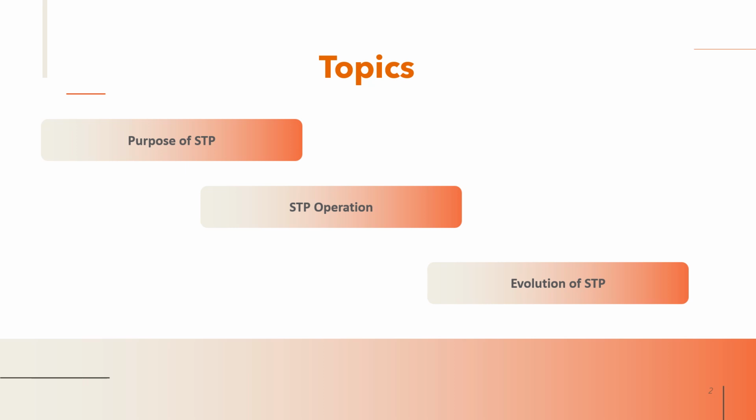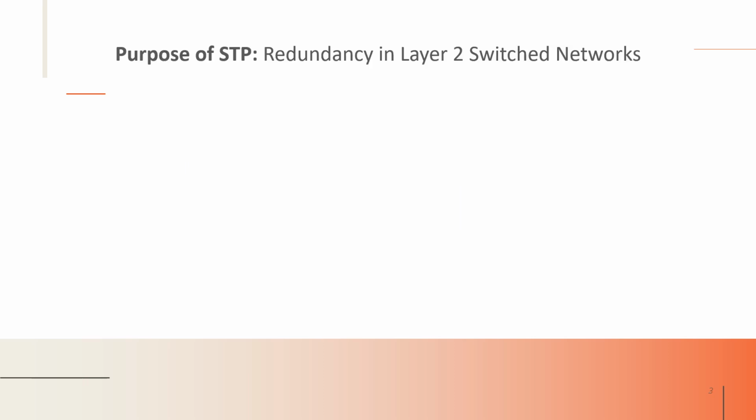So the topics about the purpose of spanning tree protocol cover the cause of loops in a layer 2 network and briefly explain why spanning tree protocol works. Redundancy is an important part of the hierarchical design for eliminating single points of failure and preventing disruption of network services to users.